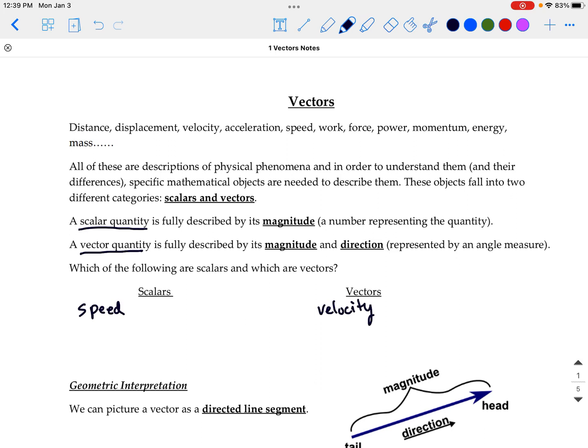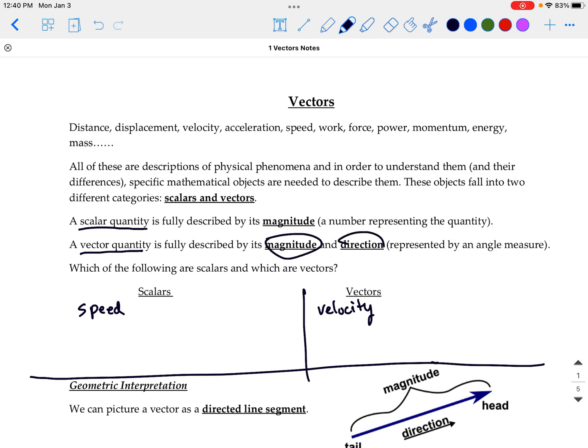That might be at an angle of 30 degrees, or headed east. Direction is something that we can define in lots of different ways as well. When we think of a vector quantity, it's going to be described by a magnitude or length measurement and direction. So there are two components to a vector quantity.